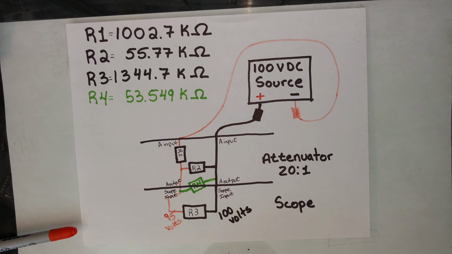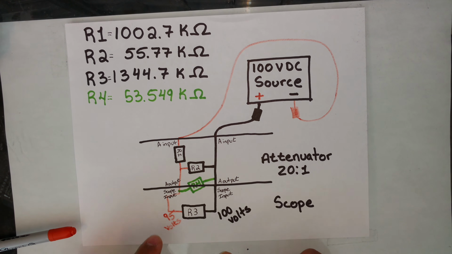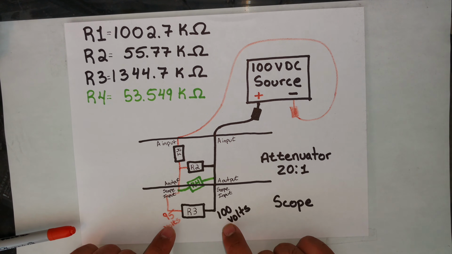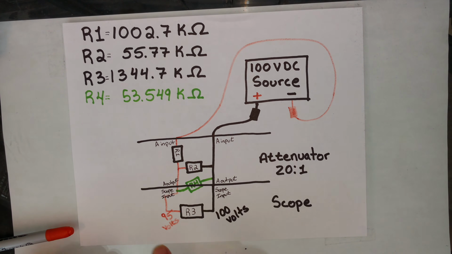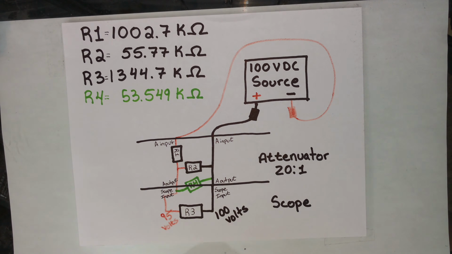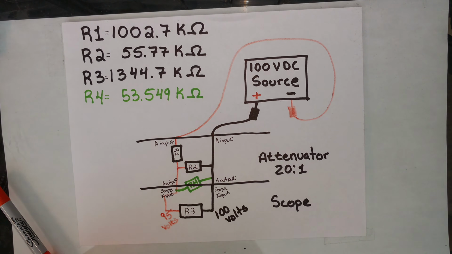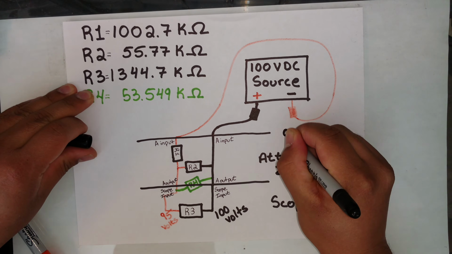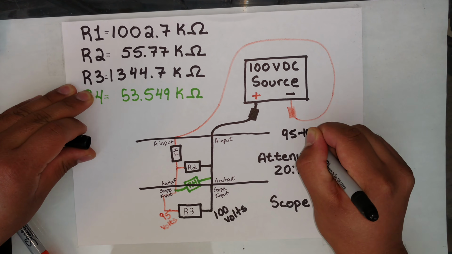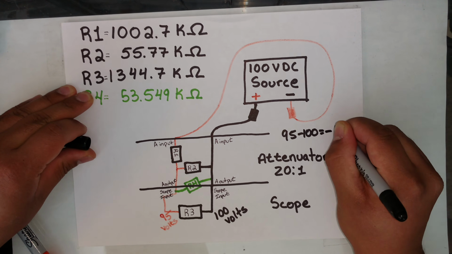Do you see now? We started with a 100 volt DC source, and through this resistor network we got the voltage down to 95 here, and it stays at 100 here. So if you wanted to know what the voltage across this resistor is, it would be 95 minus 100, which equals -5.